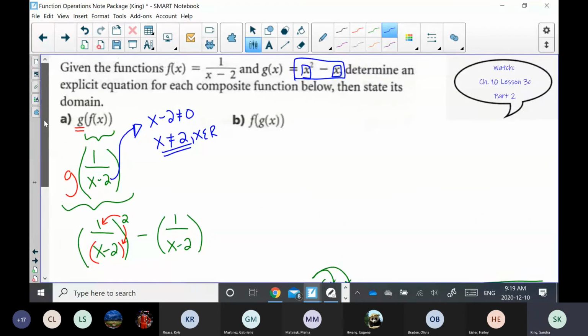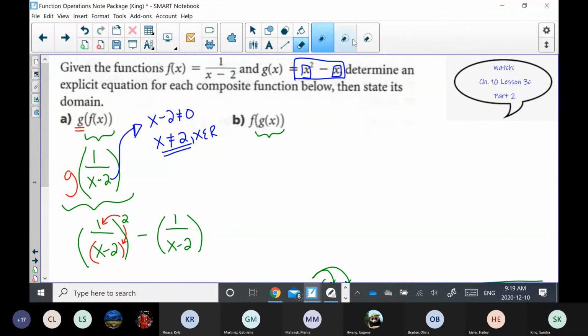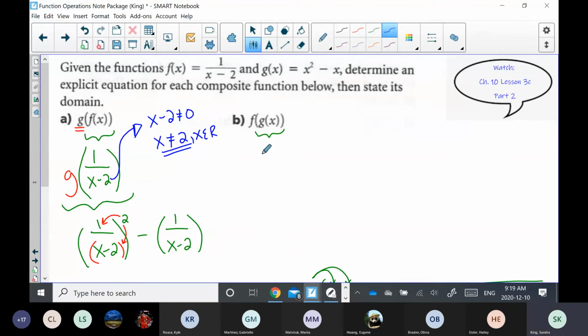Let's do B. B is much more simple. G of x. So that's my inner function. My inner function of g of x is x squared minus x. This was g of x. If I said, are there any restrictions on this domain?